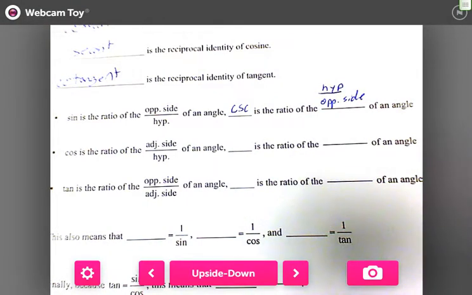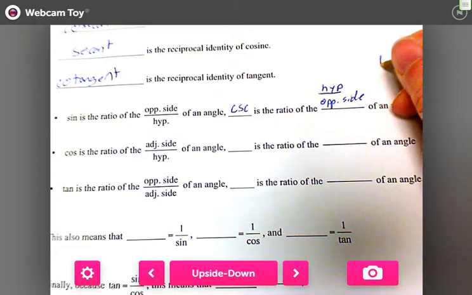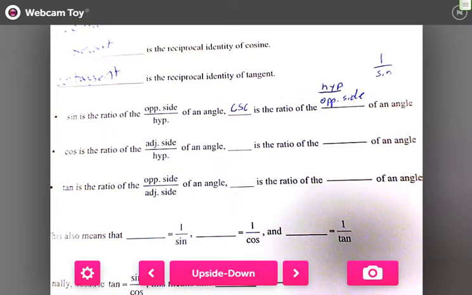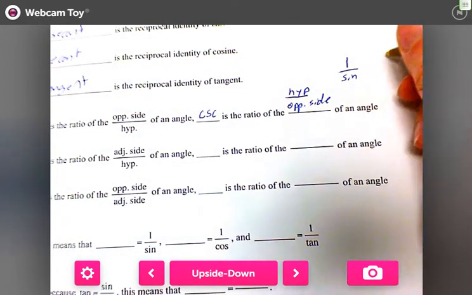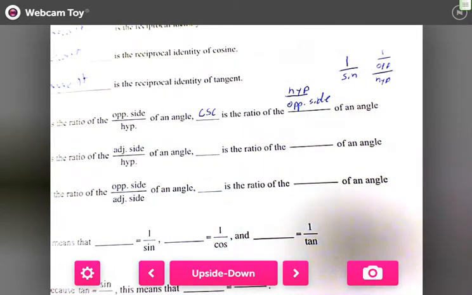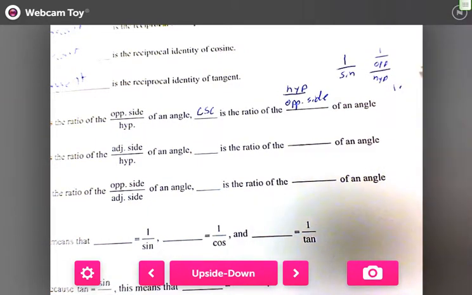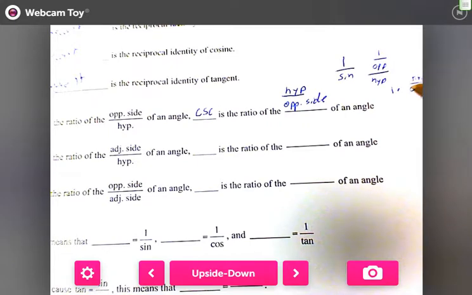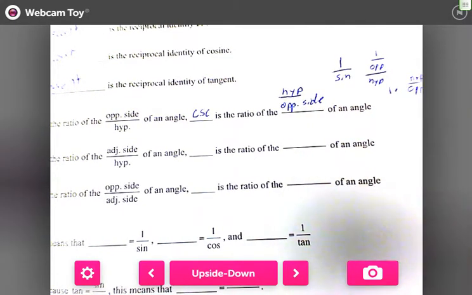And cosecant is really 1 over sine. So if we want to think about it, it really is 1 over the opposite over the hypotenuse, which ends up being, we take 1 times, we flip the second one, we get hypotenuse over opposite side.